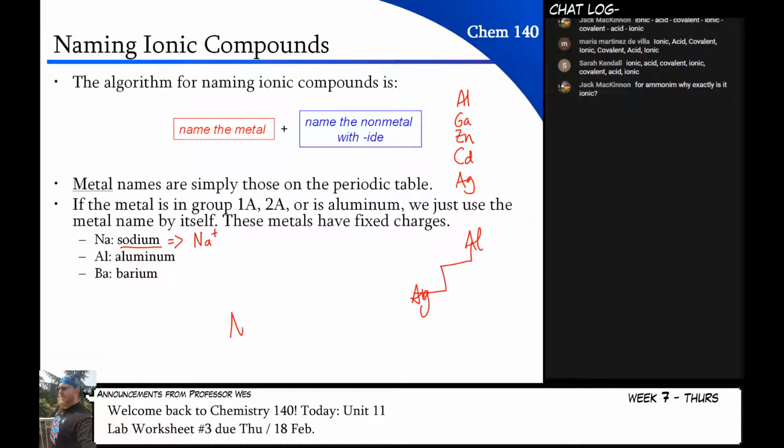Remember how we discussed that sodium has one valence electron, and I get rid of it, that's how I get the positive charge, right? There is no other way for me to get sodium to an octet without it having a +1 charge. So I don't need to give it any special treatment and call it, say, sodium plus or sodium 1 or anything like that. I just call it sodium.